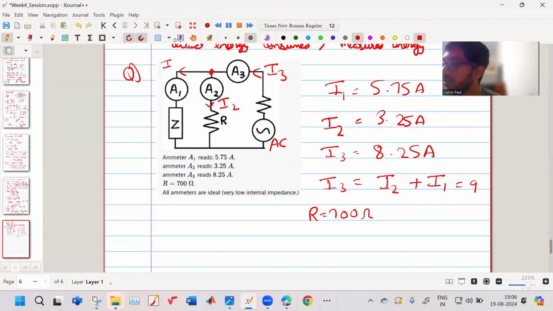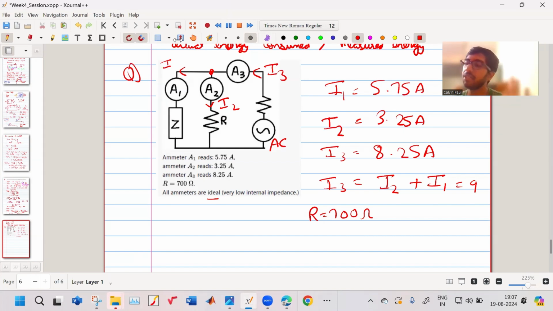Now they are saying the ammeters are ideal. What do you mean by ideal? It means the internal impedance of the ammeter is very low, and we can assume that it is 100% accurate.